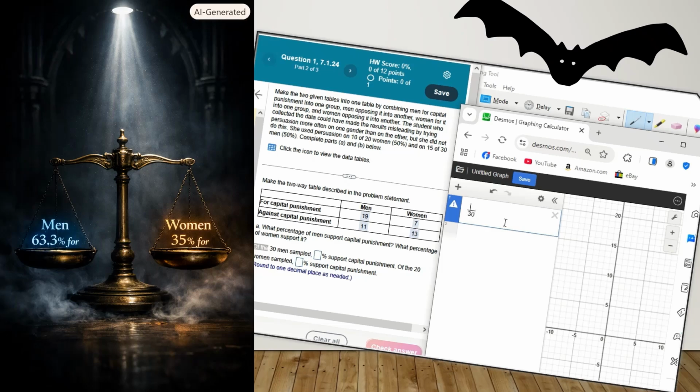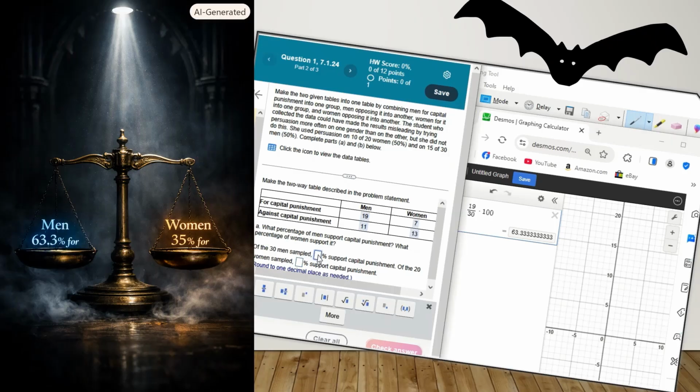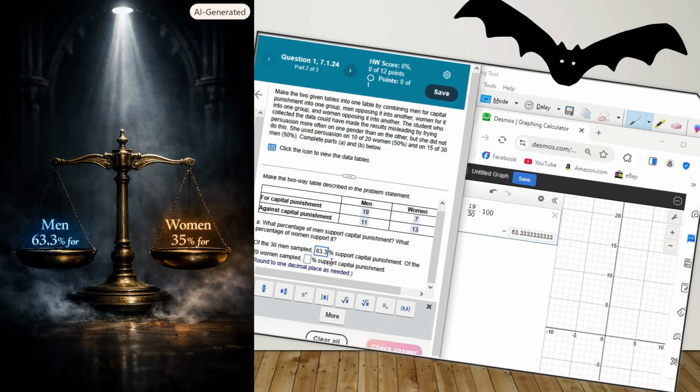How many supported capital punishment? That's 19. And it wants a percentage, as we can see, so we need to multiply it by 100. And then it says 1 decimal place as needed, so it should be 63.3. And then of the females, remember that this is going to be out of 20.